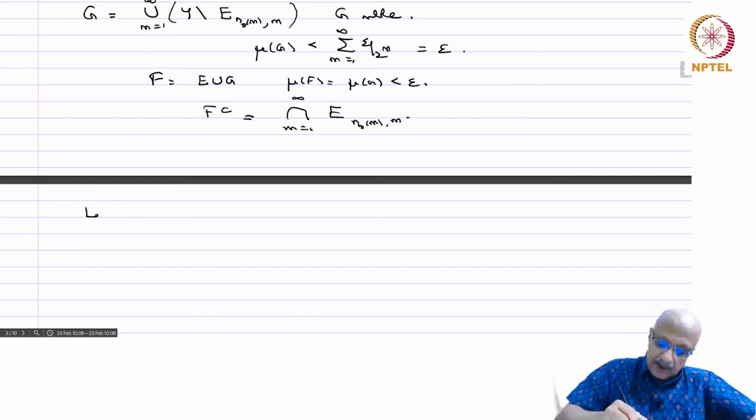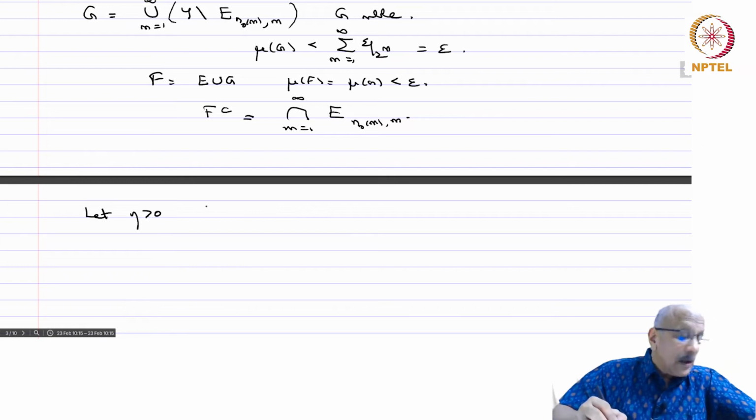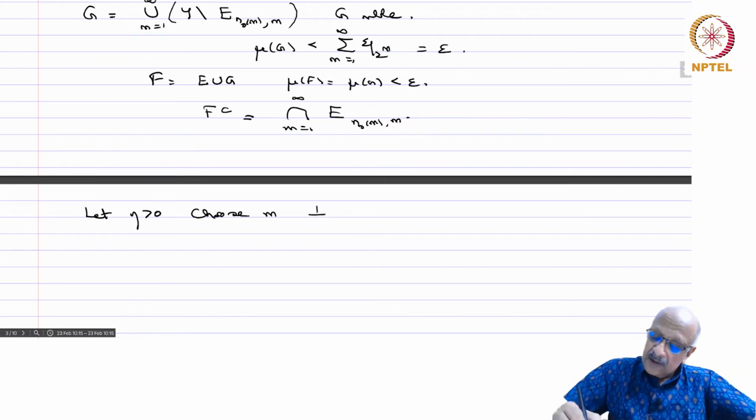So let eta be greater than 0, choose m such that 1 by m is less than eta.